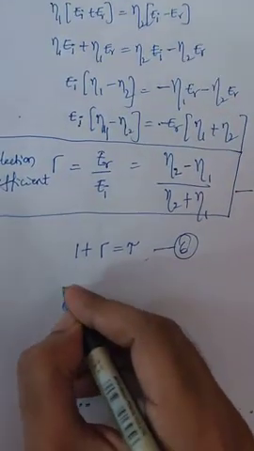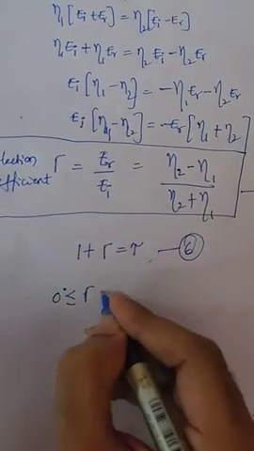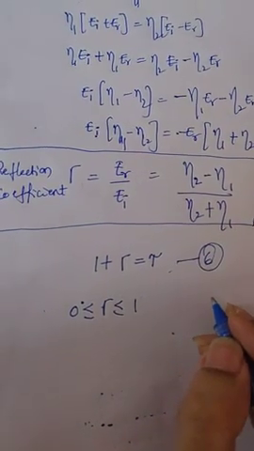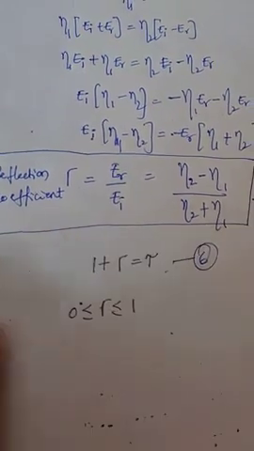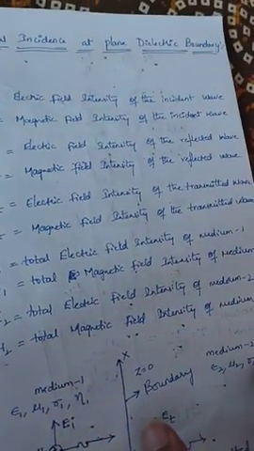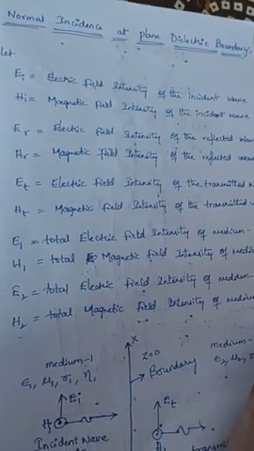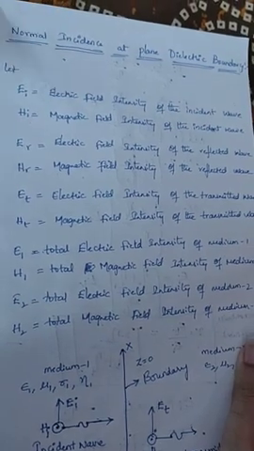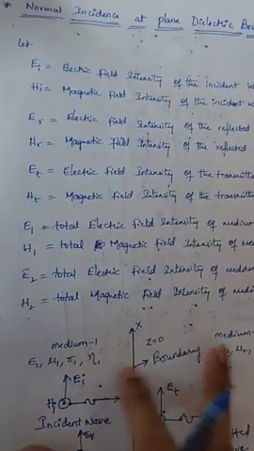Now we can say that this gamma value will lie in between plus and minus 1. Okay, so this is a normal incidence plane wave at a dielectric boundary. So we have derived the transmission coefficient equation and the reflection coefficient equation between two dielectric mediums.